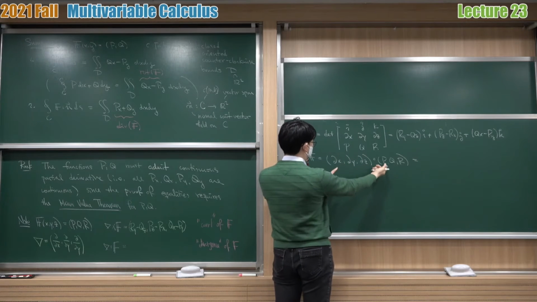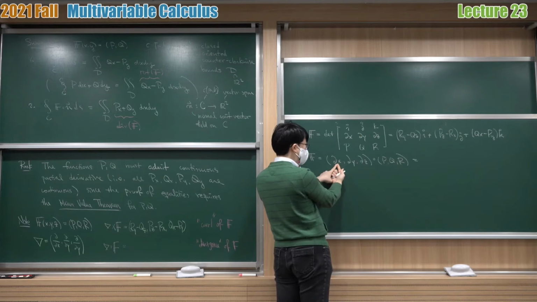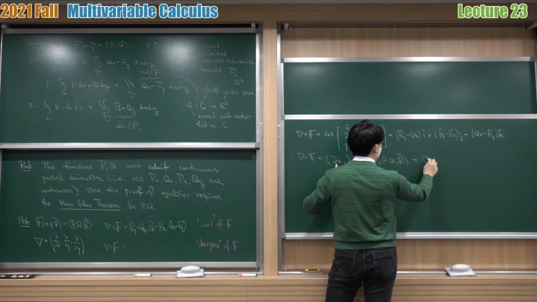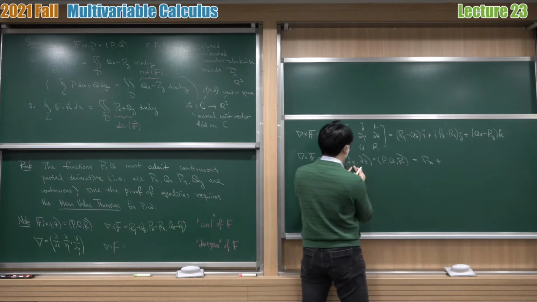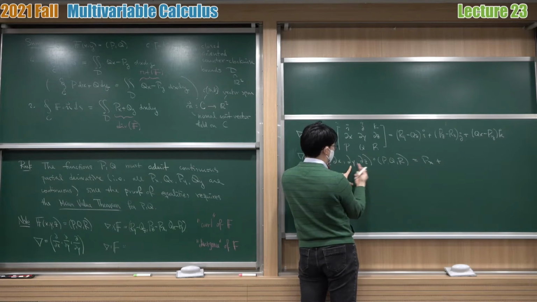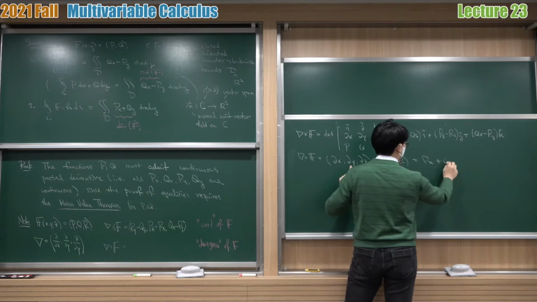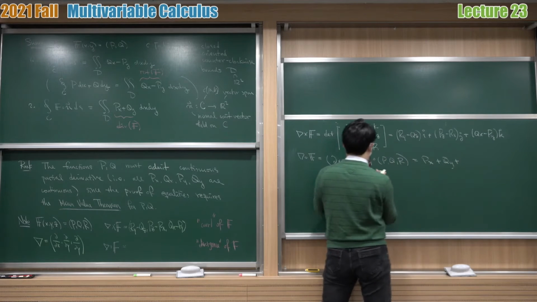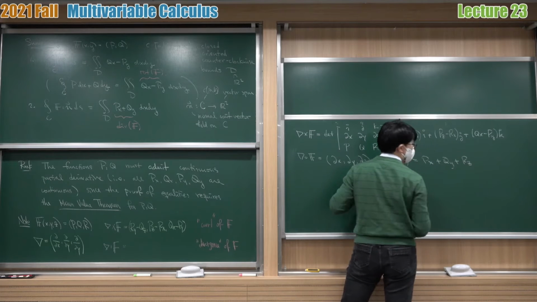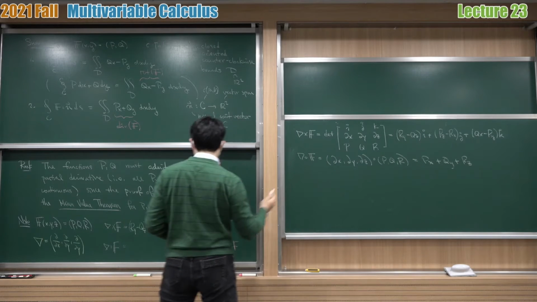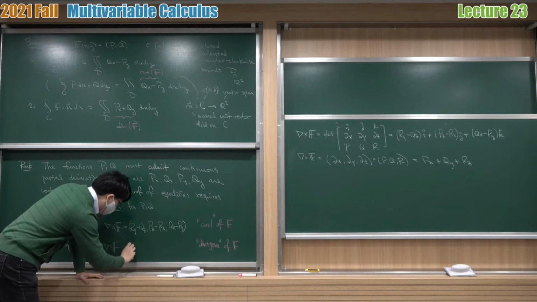So I apply the operator del del x to P, which gives Px, and then add the operator del del y attached to Q, which gives Qy, and then add Rz. That's our divergence. So that's how you remember the curl and divergence.